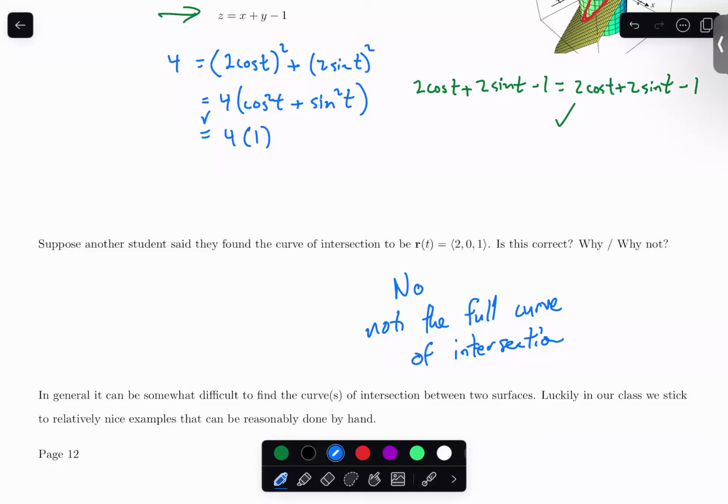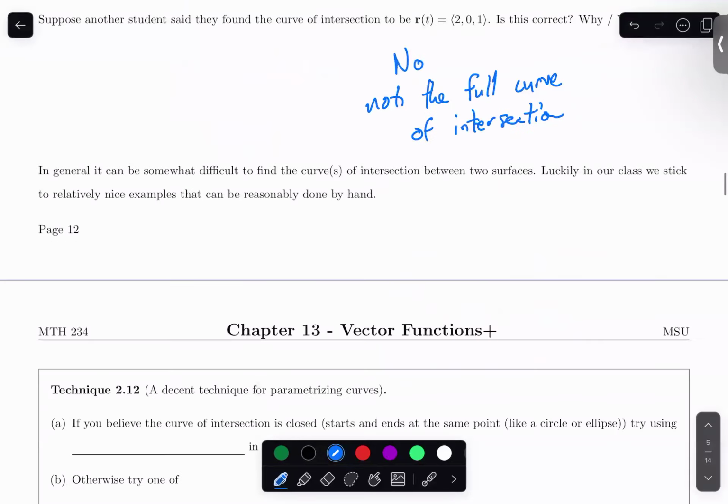However, the easy storyline that I want to give you is that if you have to take a square root when trying to find a curve of intersection, I'd be a little bit wary, just because you may only be getting half the curve, right? If you choose the positive square root, you get half. If you choose the negative square root, you get the negative half. Again, it's just half. So you won't get the full curve of intersection. So if you end up needing to take a square root, I'd be a little bit worried. Again, we'll see an example of that coming up.